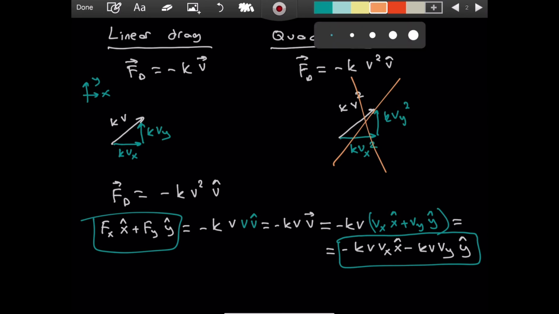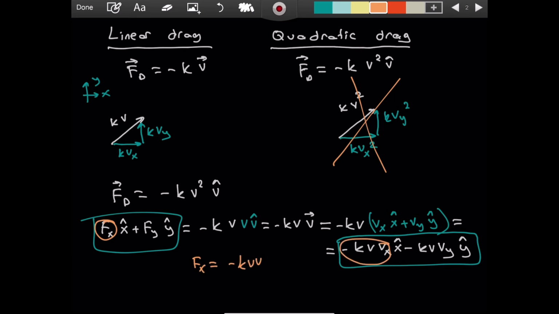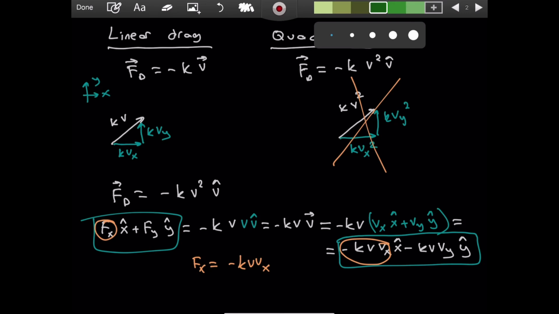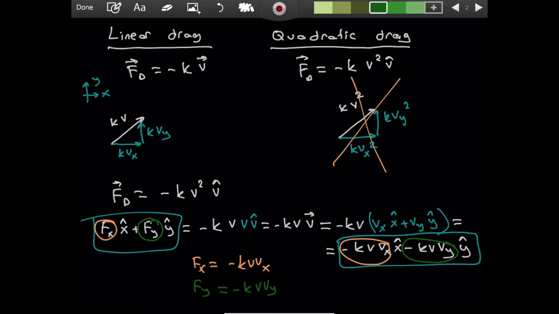That means whatever is next to x hat should be the same. So using that idea, we have fx is equal to negative kv vx. And we have fy is equal to negative kv vy.